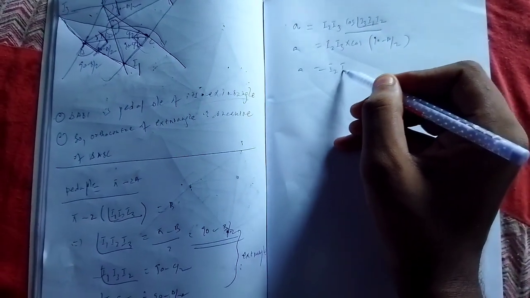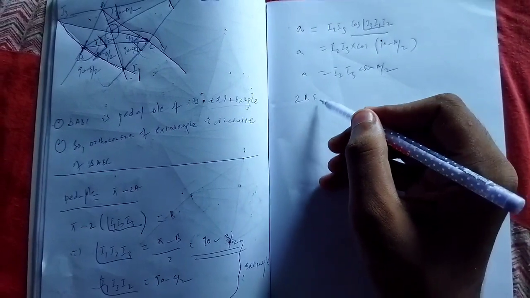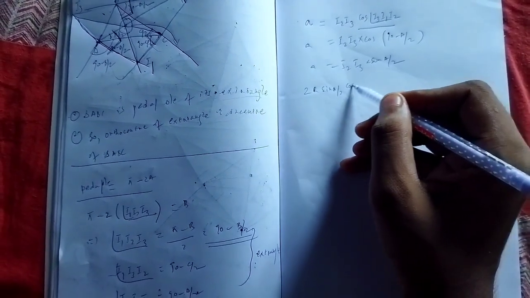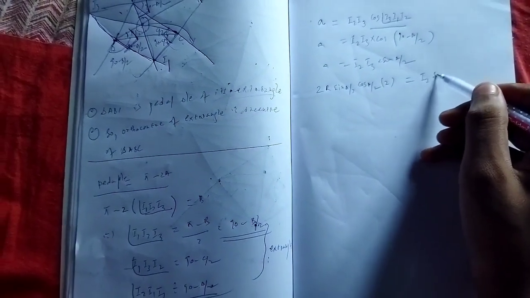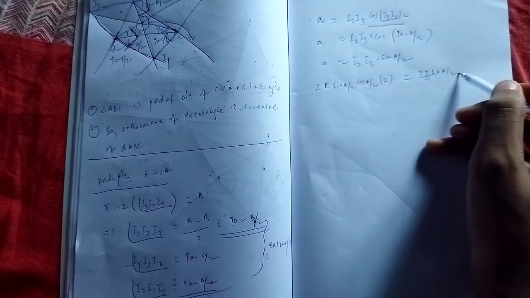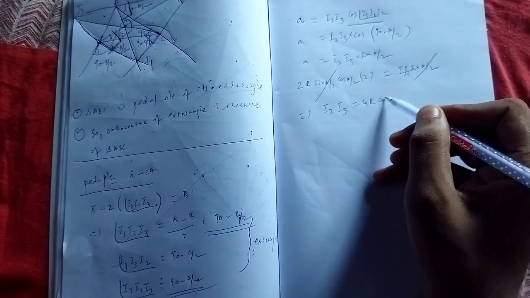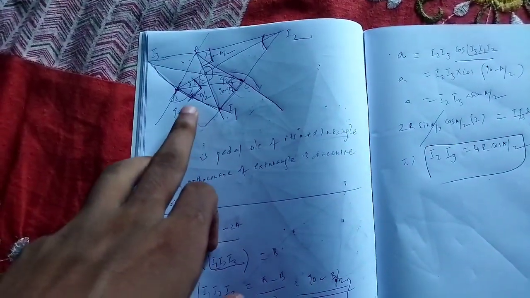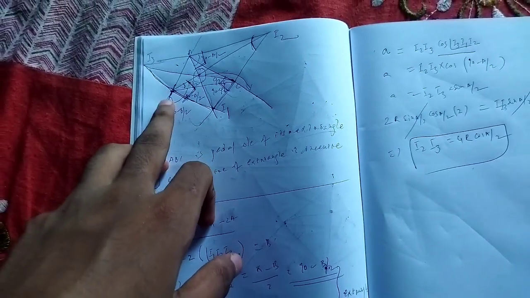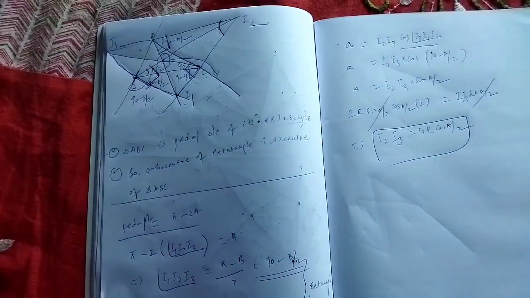So A equals I2, I3 into sine A by 2. A is 2r sine A into 2, which is 4r sine A by 2 cos A by 2, equal to I2, I3 sine A by 2. It implies that I2, I3 equals 4r cos A by 2. Similarly, the others will be 4r cos B by 2 and 4r cos C by 2, right?